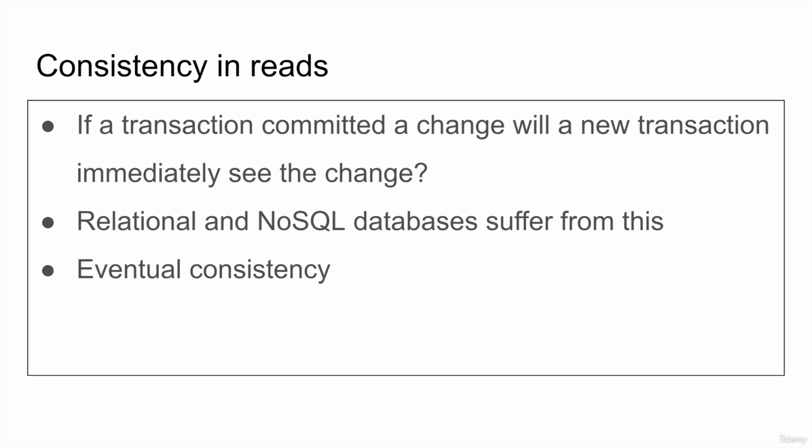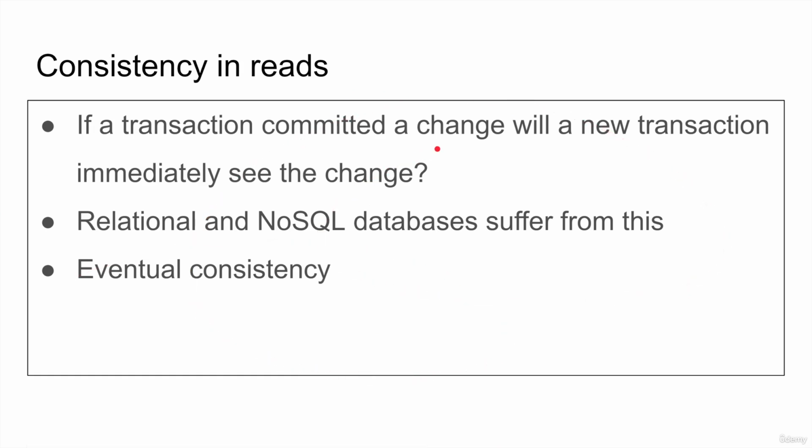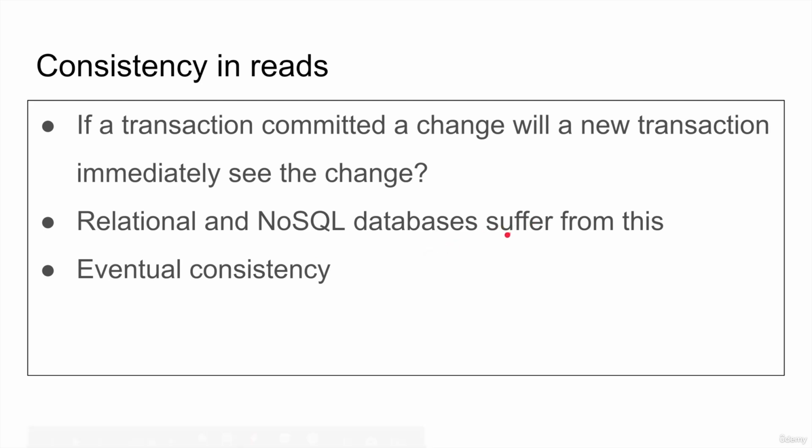You're not going to get all these properties. You will get this new concept called eventual consistency, which to me is just a marketing term. Eventually everything is eventually consistent. Duh. If you read the value, you get an old value. If you wait a little bit, you're going to get the latest value. So to me, eventual consistency is something both relational and non-relational databases suffer from. Eventual consistency.